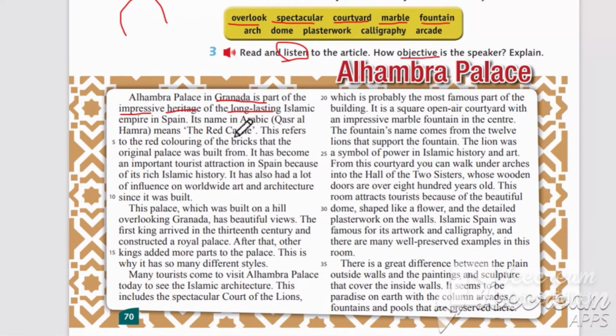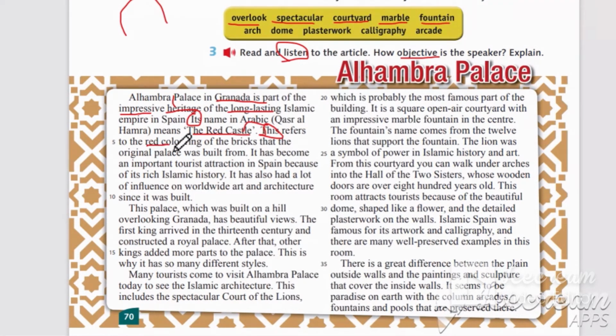Its name in Arabic. Its here, Miss, refers to what? To Alhambra Palace, okay? In Arabic, Qasr al-Hamra, means the red castle, okay? This, Miss, this is the name, okay? refers to the red coloring of bricks that the original palace was built from. Where did this name come from?